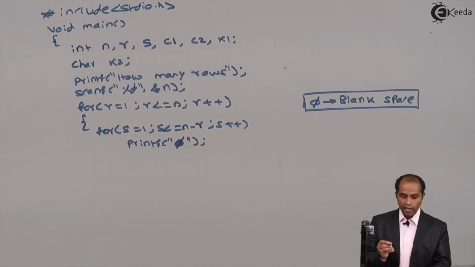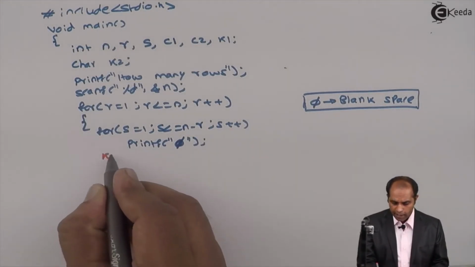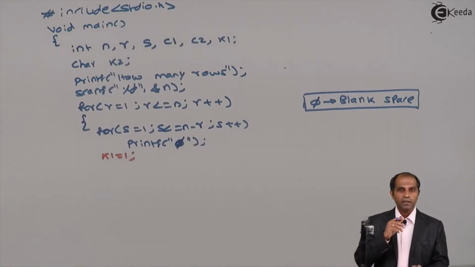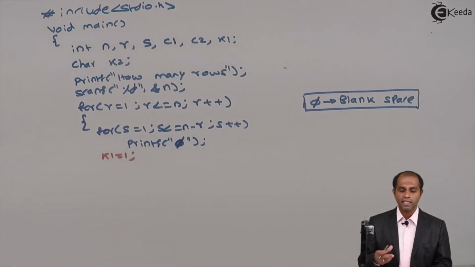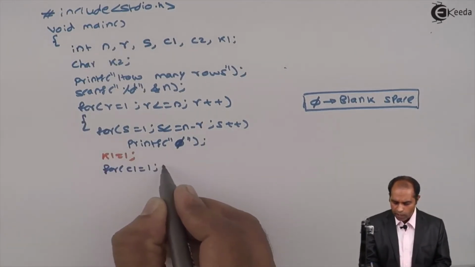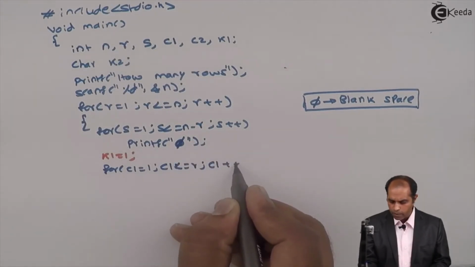K1 has to be set to 1. So I'll set K1 equals to 1. Now once K1 is set to 1, I'm supposed to start a loop called the C1 loop. So I'll say for C1 equals to 1, C1 less than equals to R, C1 plus plus.